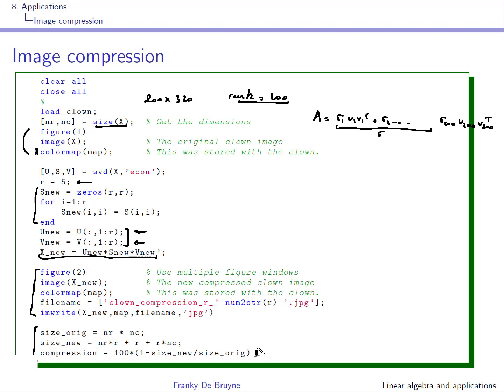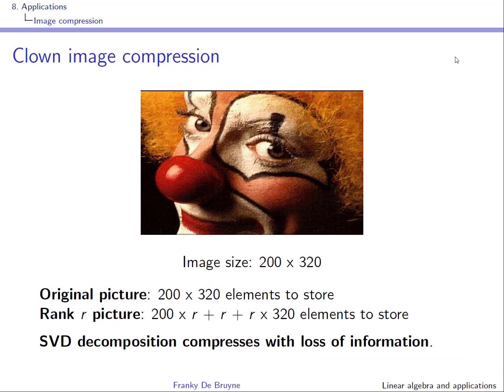What we'll do now is have a look at the original image, and then start comparing with the rank R pictures. So this is the image that we will compress. As I said, the original image has size 200 by 320, and if we take a rank R picture, you need 200 times R plus R plus R times 320.